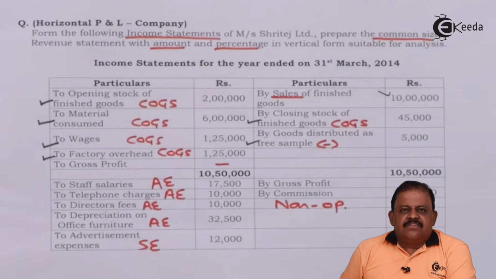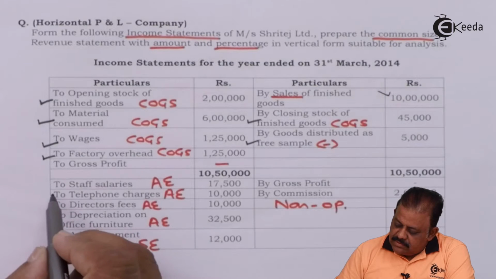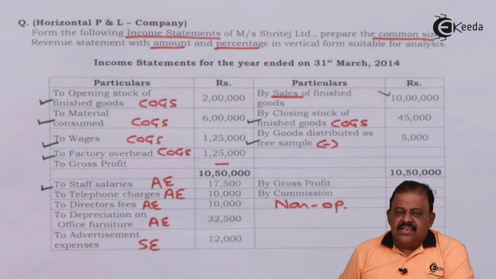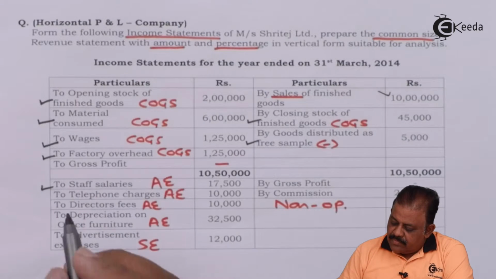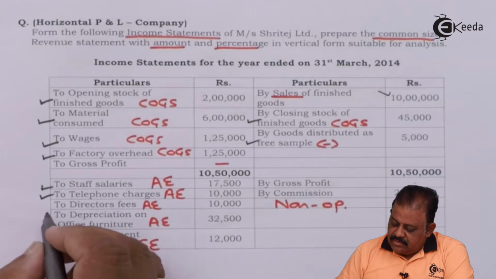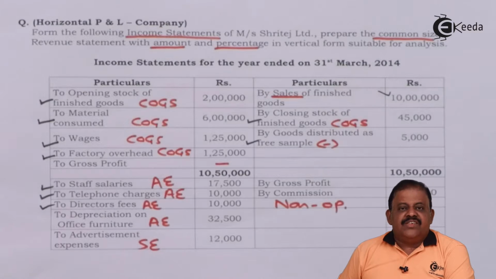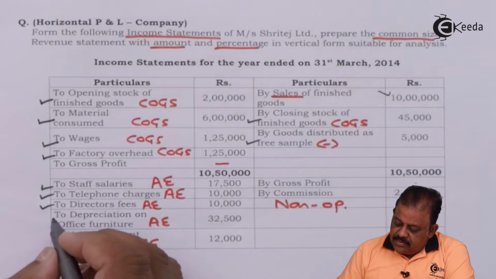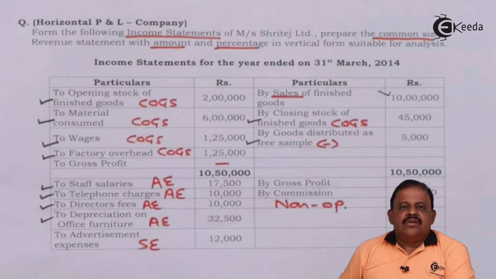For office expenses, we are required to consider staff salaries, telephone charges, directors' fees, depreciation on office furniture.